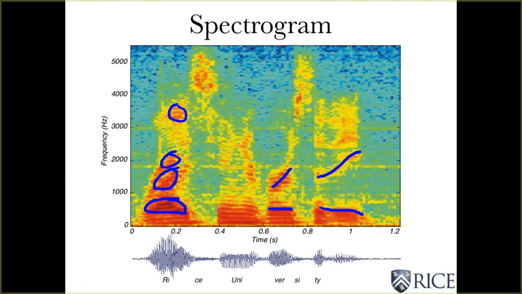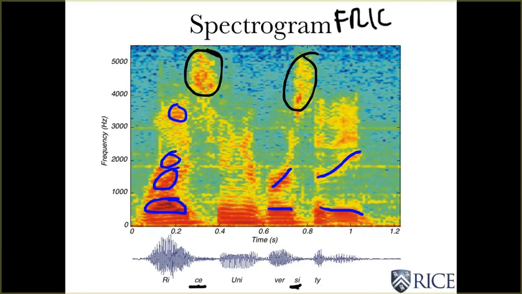Now, I want to point out some things, and that is there are some aspects of this that don't fit the speech model and don't have pitch lines, and that's corresponding to these areas. And that's when you're saying s, si, and that corresponds to what we call fricatives.